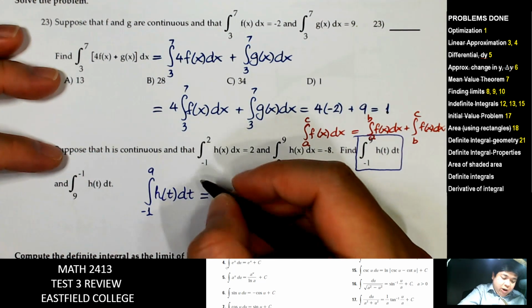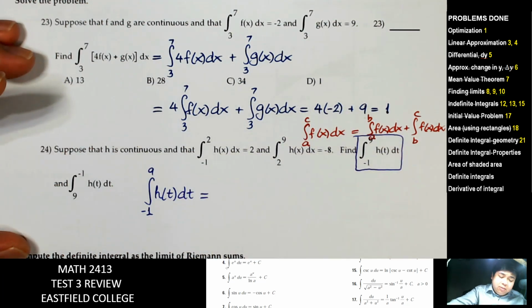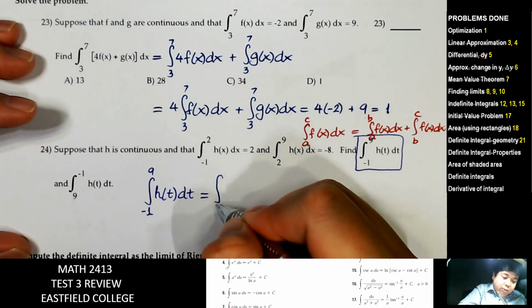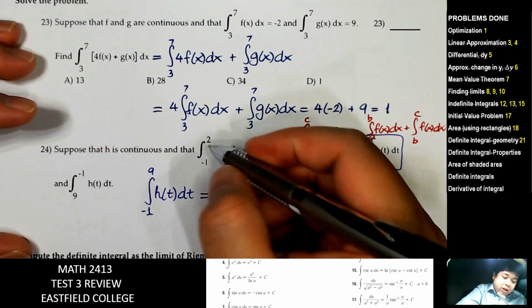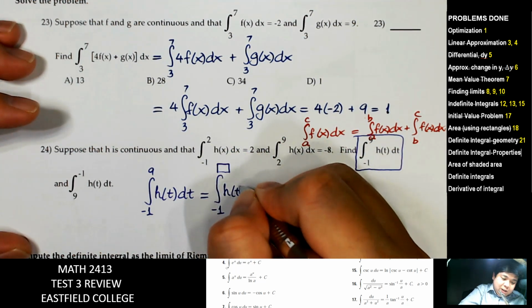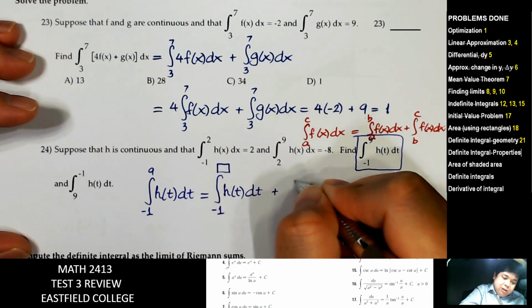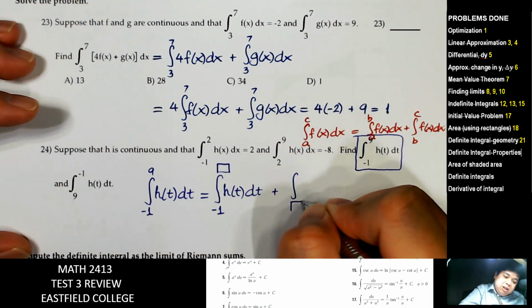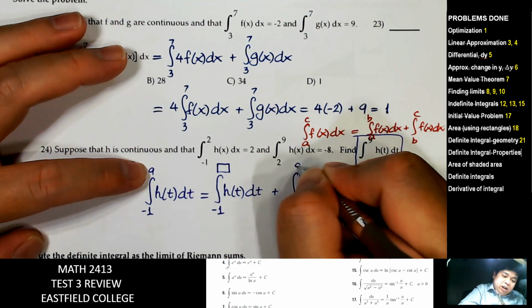So that formula we write like this: the integral that goes from -1 to something, and from that something to 9, will be the same.